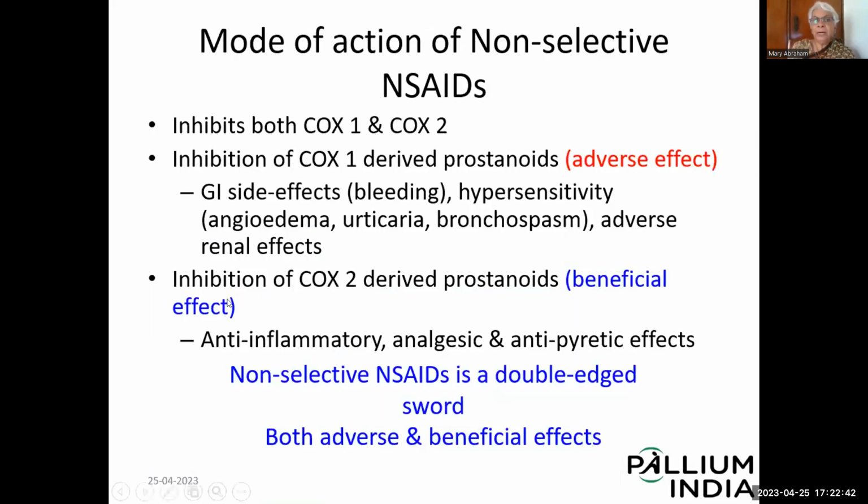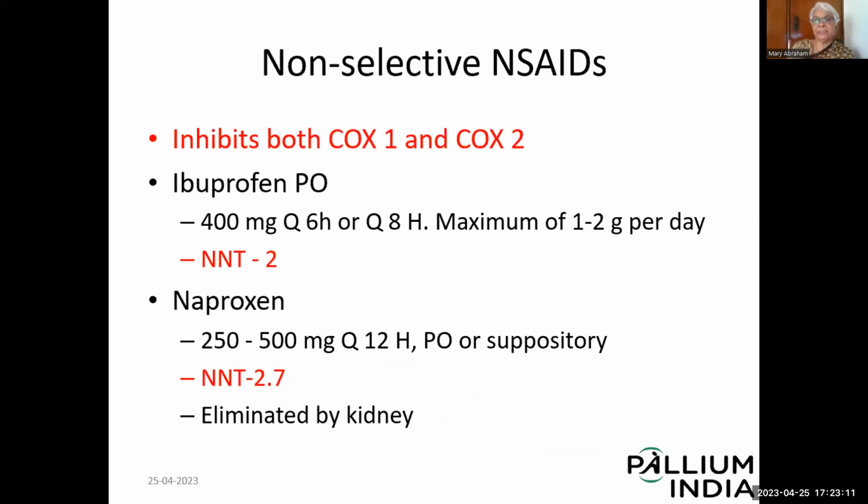So how do they act? Like I said, the inhibition of COX-1 causes the adverse effects, like I told you, the GI side effects, the hypersensitivity reaction, and the adverse renal effects. Inhibition of COX-2 will produce the beneficial effects. So these non-selective COX inhibitors are like a double-edged sword. They have both adverse as well as beneficial effects.